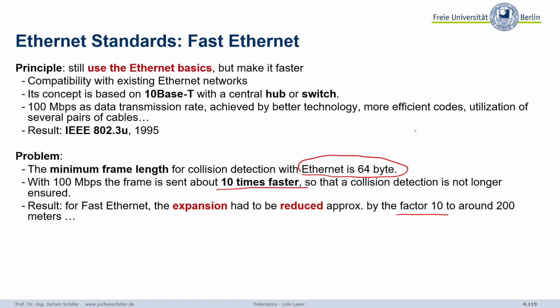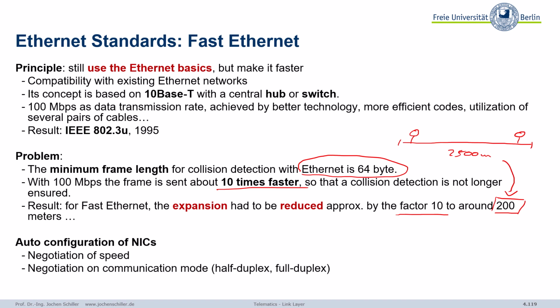We learned the problem is we have two senders, and we had this maximum distance. This is where it all comes from. And we learned this was up to 2,500 meters. So if we stay with the same minimum frame length, then we simply cut the maximum distance, for example, to around 200 meters. So that was the idea.